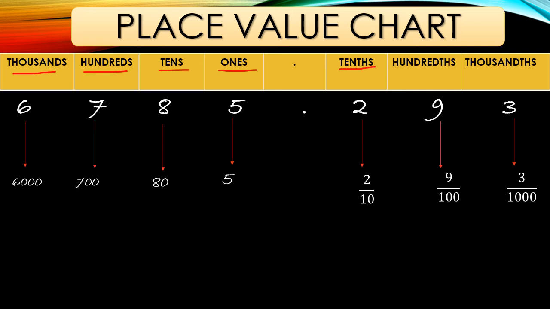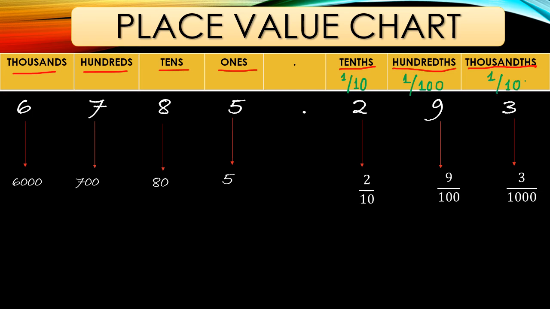Tens means multiplied by 10, but tenth means 1 upon 10. Similarly, the next place after tenth is hundredth, which denotes 1 upon 100. Next place after hundredth is thousandth, which means 1 upon 1000.